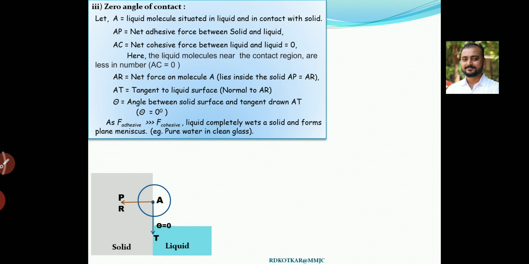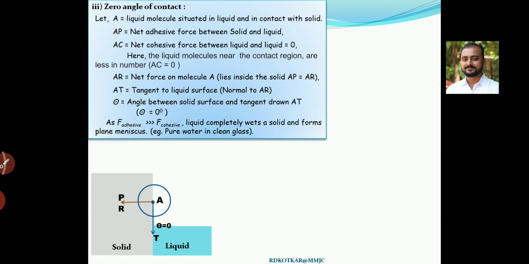Because there is no presence of liquid molecules around the molecule A, and that's why the adhesive force is very strong. And as adhesive force is very, very greater than the cohesive force, the liquid completely wets the solid. Due to that, the liquid completely wets the solid and forms a plane meniscus.